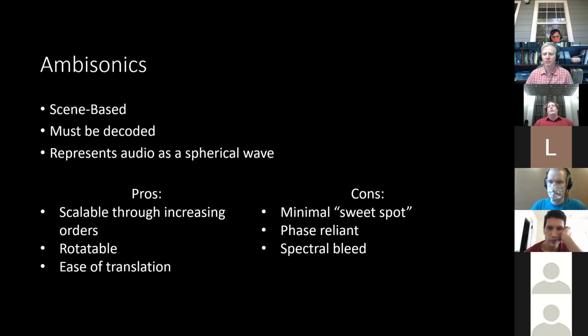So first order ambisonics is 4 channels. And to give you an idea, second order ambisonics scales up to 8 channels, and third order scales up to 16.